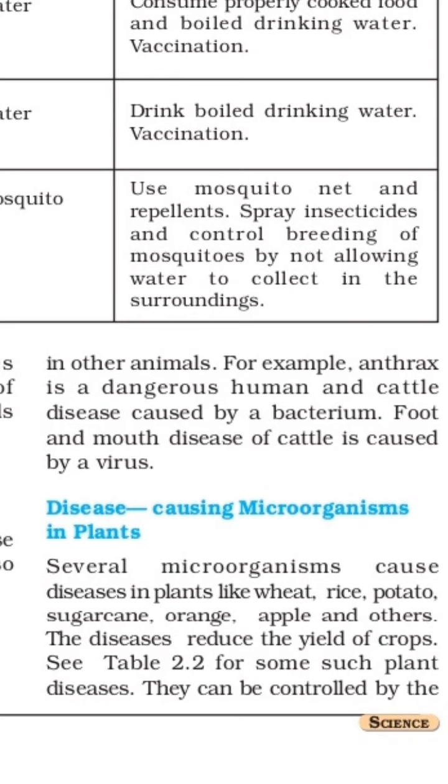When they become active, the bacteria multiply, spread in the body and produce toxins, and cause severe illness like pain in the chest, fever, and shortness of breath. In this way anthrax is a disease of both humans and cattle. It is harmful for animals as well as human beings.